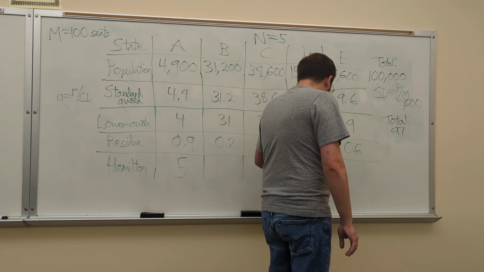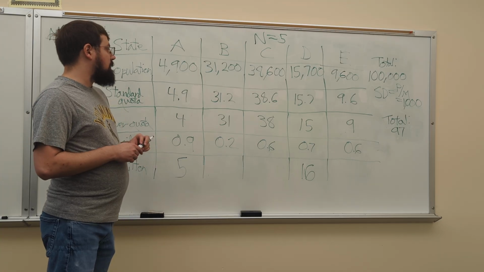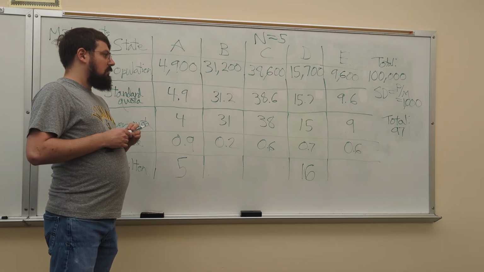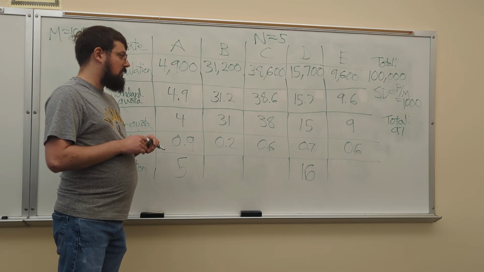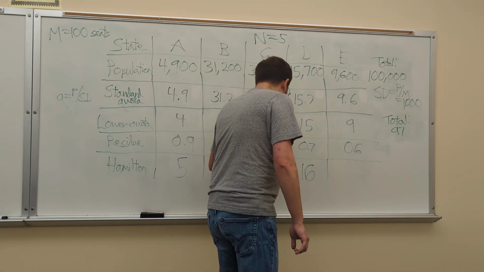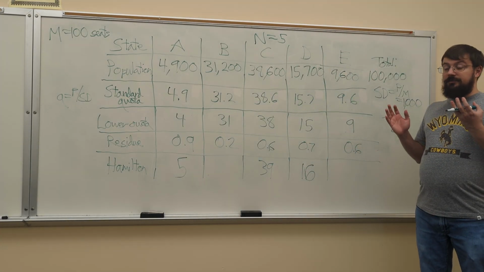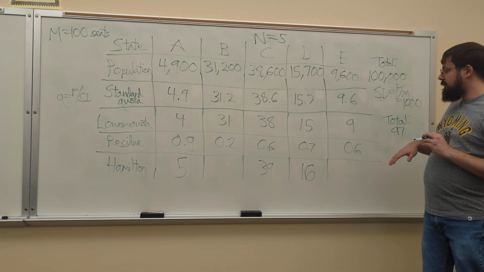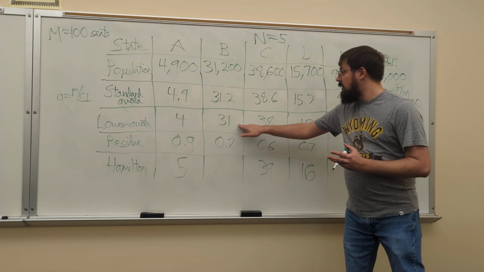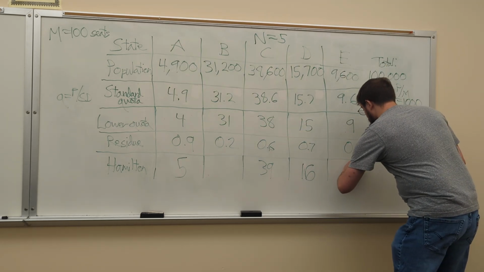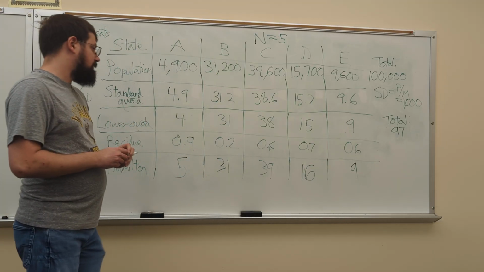And then next, we have a tie between C and E at 0.6. In this case, we'll go ahead and pick C to give this to, so that would put us at 39. And then at this point, we've given out all of the remaining seats. So the states that we have left, E and B, are going to just stay at their lower quotas. So 9 for E, 31 for B.